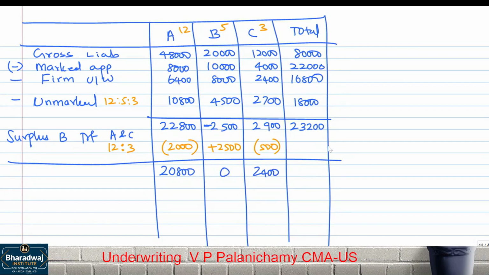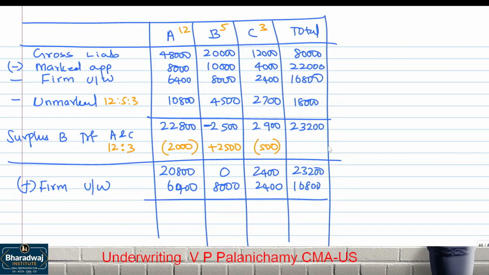At the end, anyhow, you add back which one? Firm underwriting: 6,400, 8,000. So 27,200, 8,000, 4,800, totally 40,000.